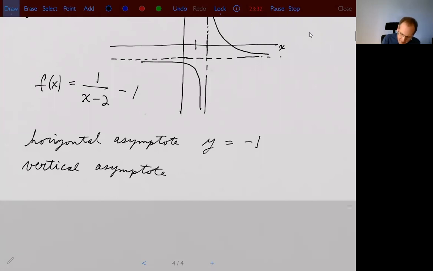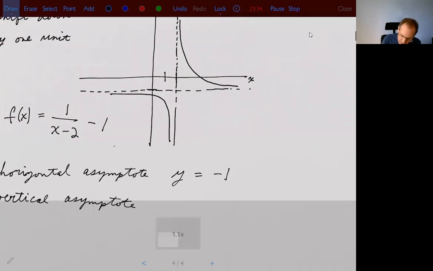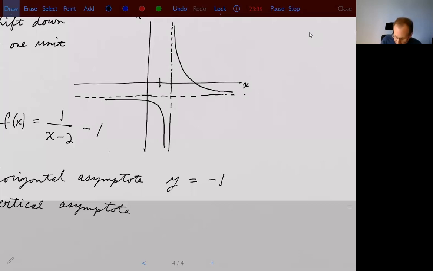Remember, a horizontal asymptote is if the input gets really, really large, or really, really small, is the function approaching some value? Yeah, in both cases, right? As x gets really, really large, the function is getting closer and closer to -1. Or as the input gets really, really small, so if we go in this direction, again, the function is getting closer and closer to -1. So y equals -1 is the horizontal asymptote.